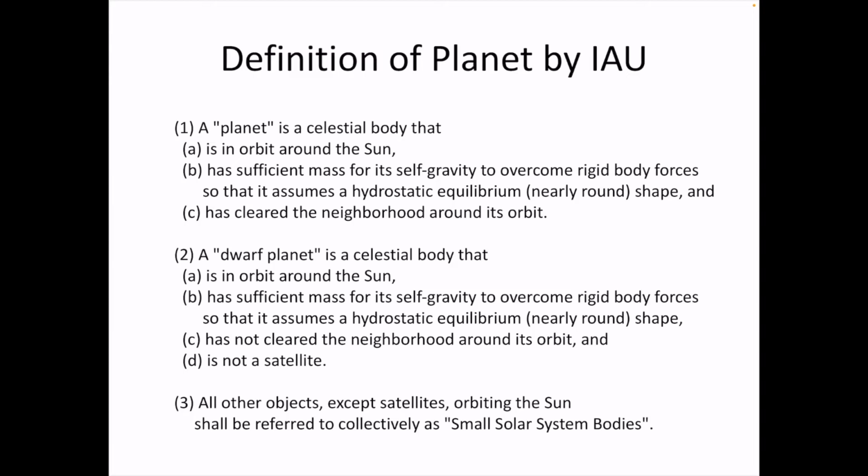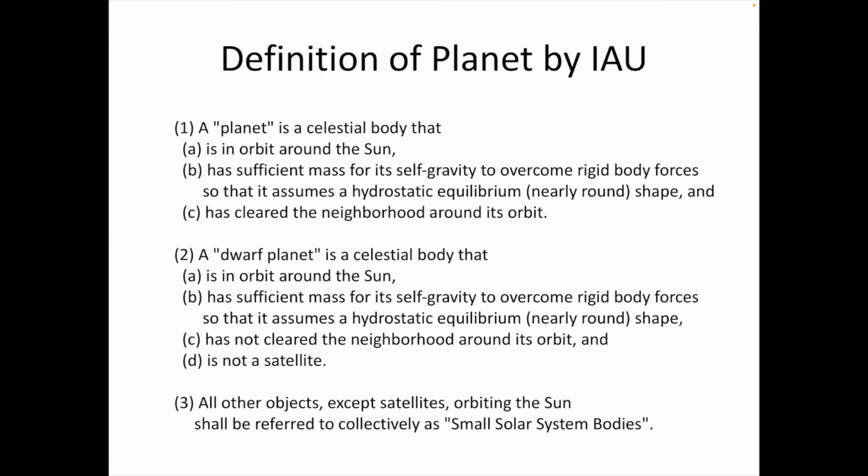The second condition is that it has sufficient mass for its self-gravity to overcome rigid body forces so that it assumes a hydrostatic equilibrium, nearly round shape. The last condition is that it has cleared the neighborhood around its orbit.